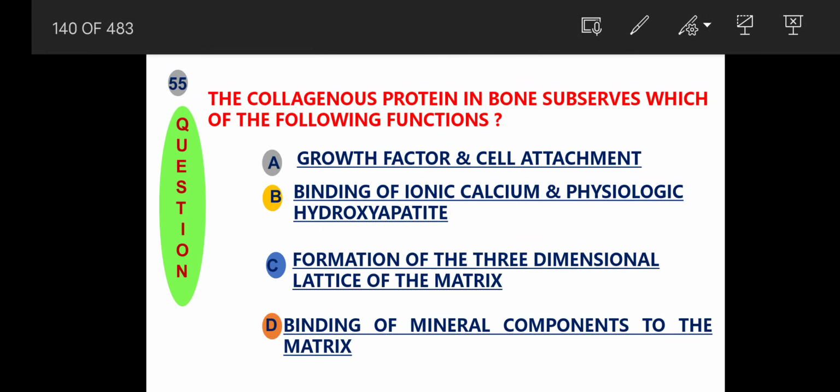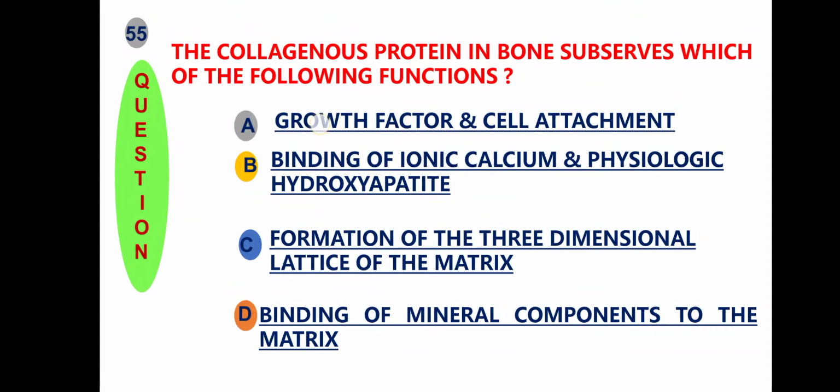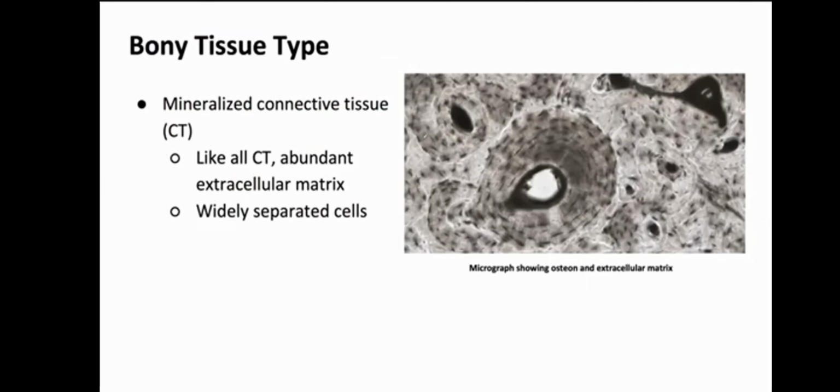These are the question and the options. So something about bone tissue. Bone tissue is a mineralized connective tissue. A group of cells is known as connective tissue. It can be in the form of liquid like blood, or it can be hard, compact, and fixed, like bones, isn't it?